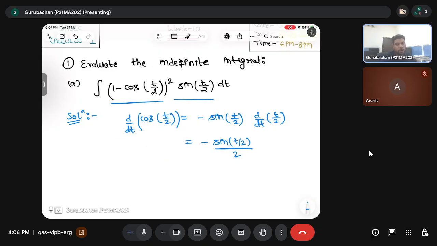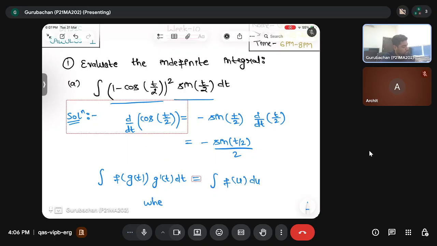So if I may write the rule of substitution: if there is a composition of function like this, then you can write the integral of f(u) du, where u is substituted as g(t).